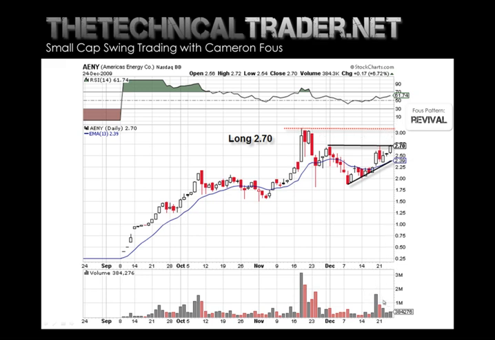And also we see this big spike in volume here on this big candle day. So this stock is looking pretty strong, and a breakout above this neckline resistance could easily push this up to $3, and then if we break $3 above this resistance level, could easily see a move much higher, possibly $4 to $5. So I went long in this stock at 270.